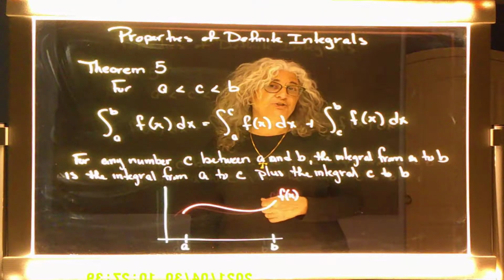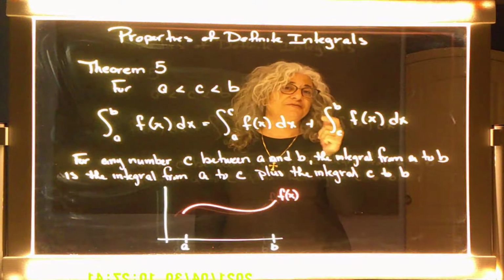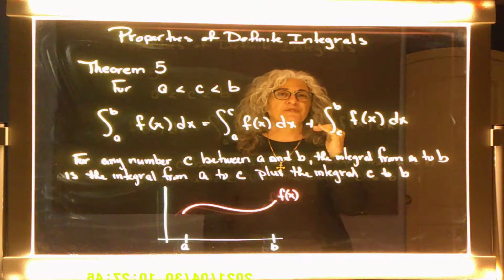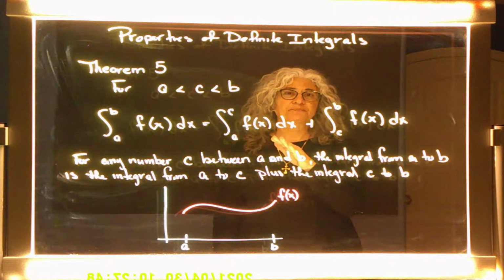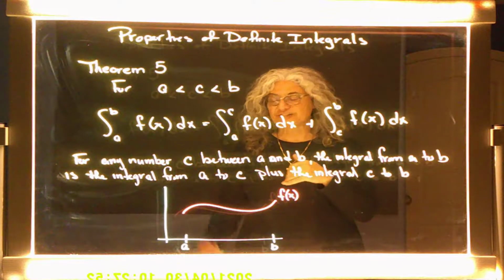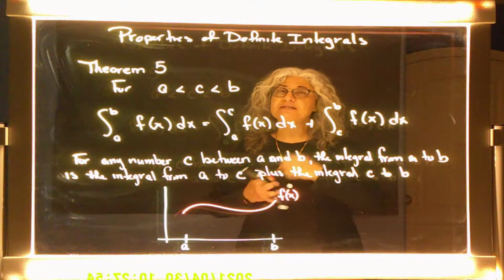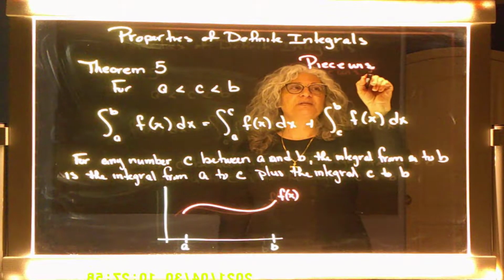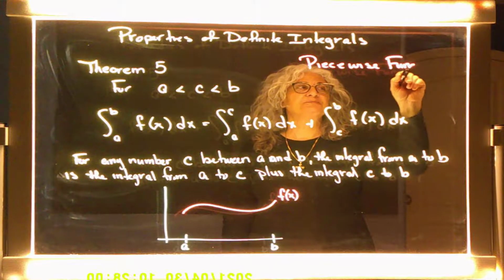Okay, so let's move into a new topic. Properties of definite integrals. In this particular lecture video, this theorem is going to help us find the antiderivative of piecewise functions. We've dealt with piecewise functions before.